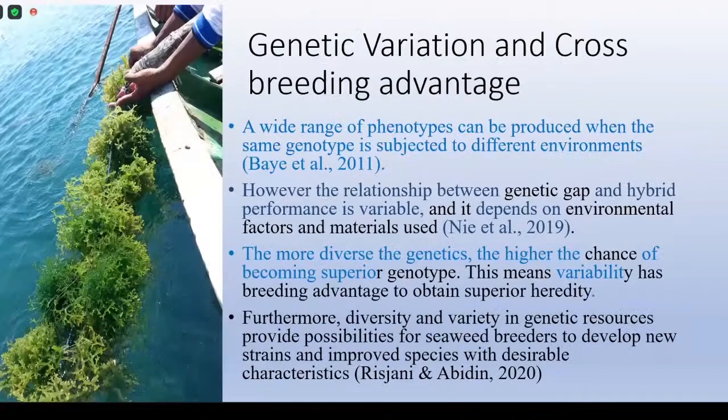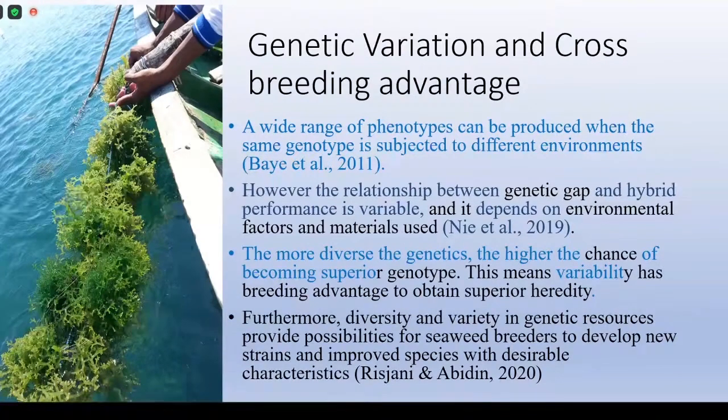And this is the advantage of the study. A wide range of phenotype can be produced when the same genotype is subjected to different environments. However, the relationship between genetic gap and hybrid performance is variable, and it depends on environmental factors and material used. The more diverse the genetic, the higher the chance of becoming superior genotypes.